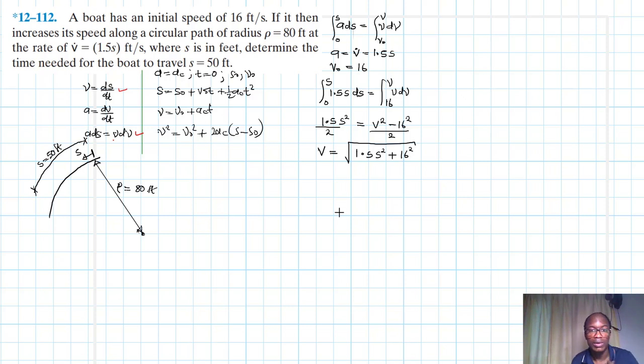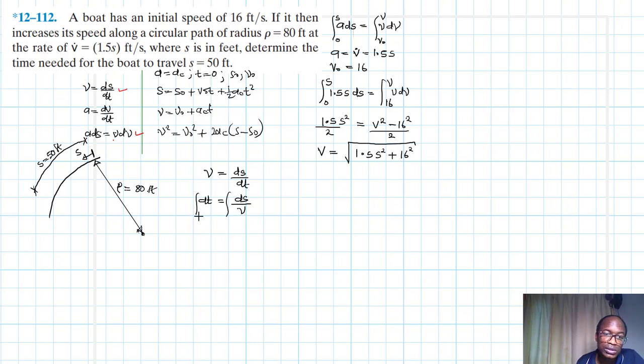So we found our v, which is a function of s. Now we use this equation: v equal to ds dt. We can write this as dt equal to ds over v, since v is a function of s, so we'll bring it underneath like so. Let me put the integrals.